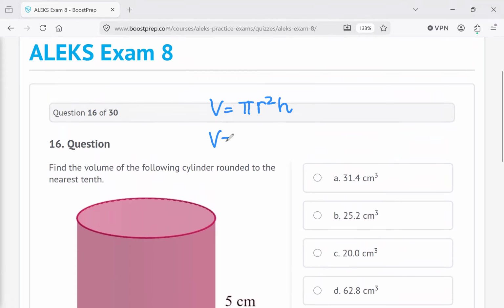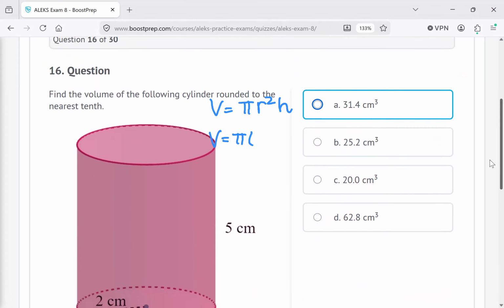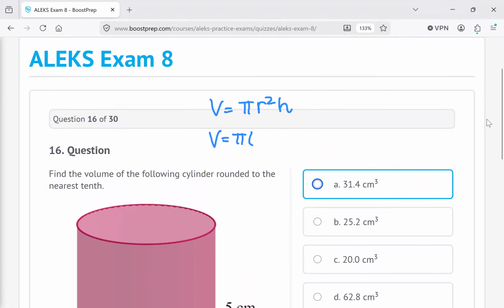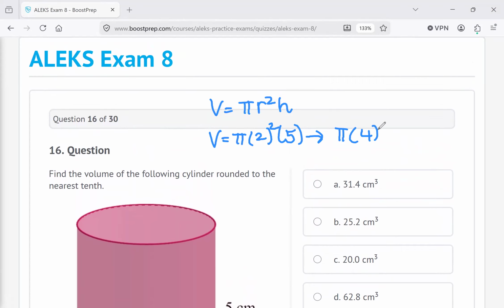So V equals pi, and my radius is 2. My height is 5. So that's going to be pi, and then 2 squared is 4, times 5, which is 20.